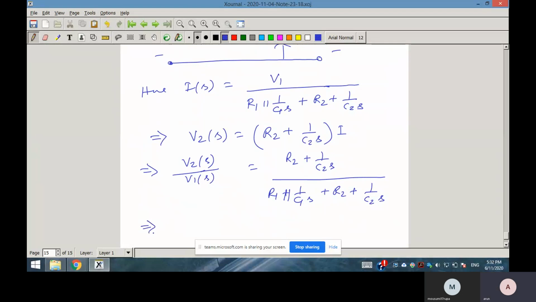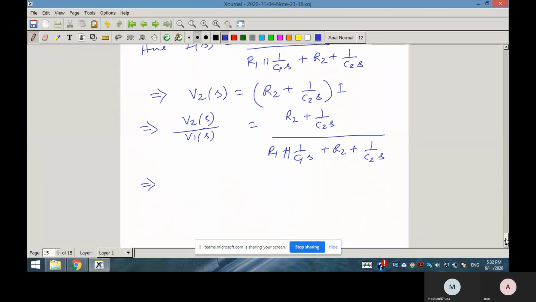So this can be written as V2(s) by V1(s) equal to what? This will be your R2 plus 1 by C2s into R1 plus 1 by C1s.